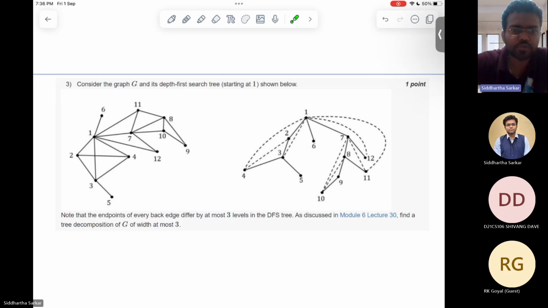There is a theorem that says that if you have a tree decomposition of width k, let me find it out.